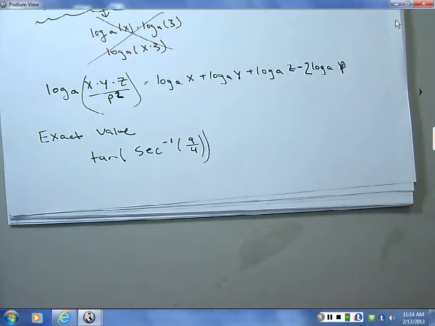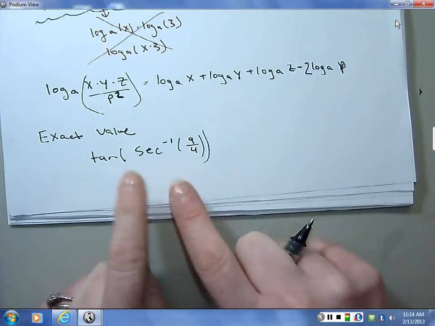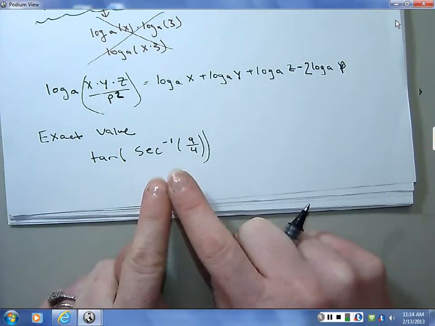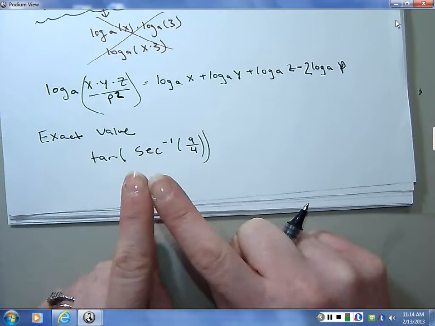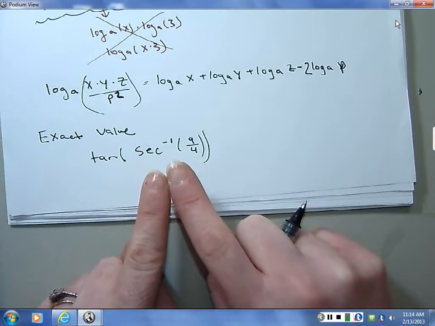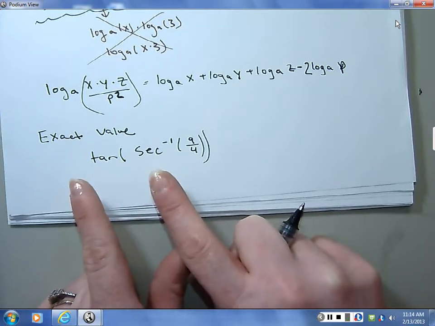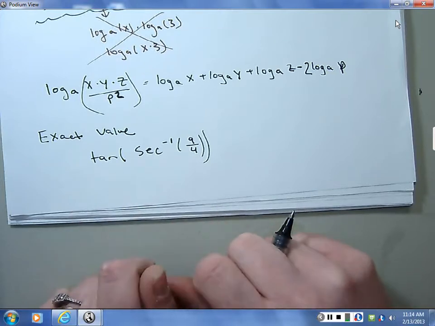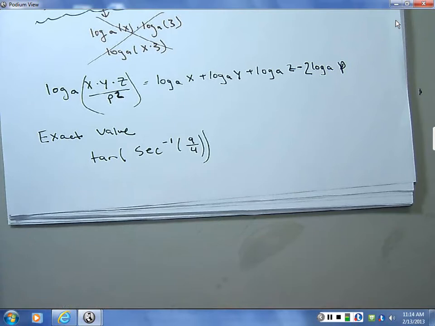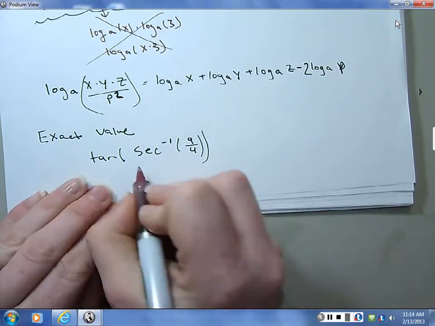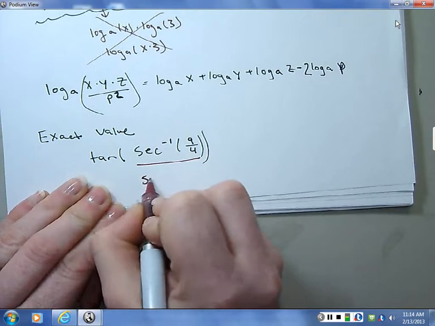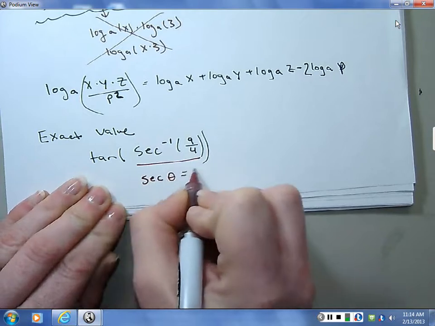But I'm looking for some angle that if I take secant inverse of that, I get 9 over 4. Or if I take secant of that, I get 9 over 4. And then I plug that angle into tangent to see what I end up with. So not along the exact same lines, but still a trig type problem. So this is saying that there's some angle that secant of some angle is 9 over 4.